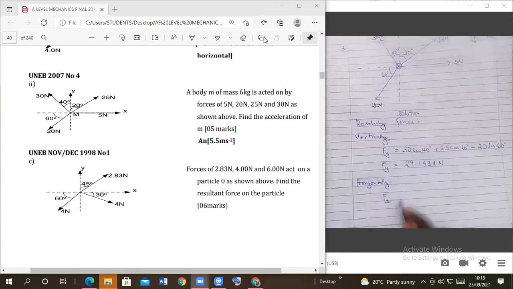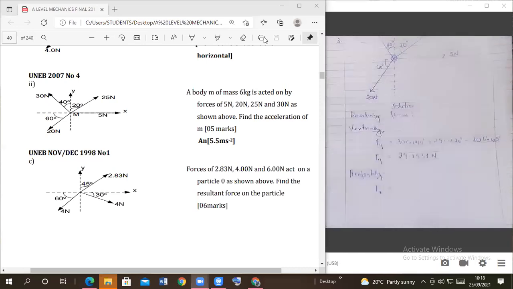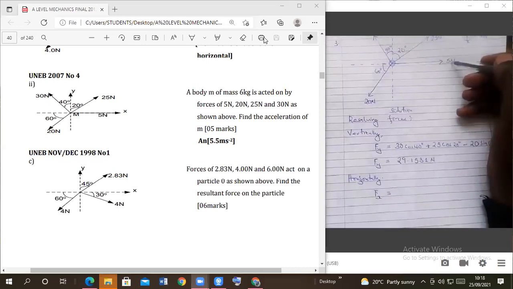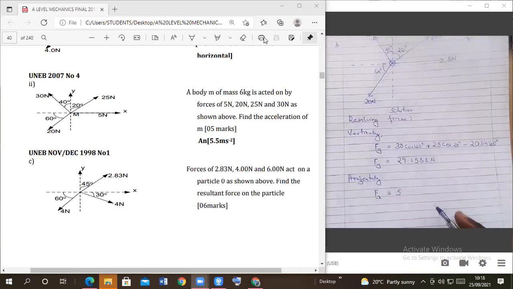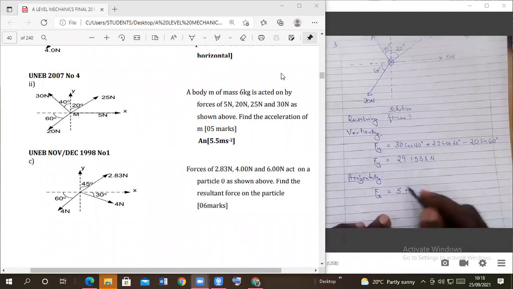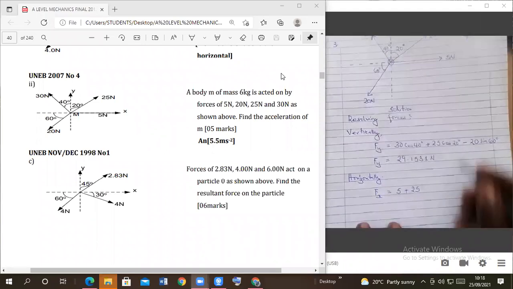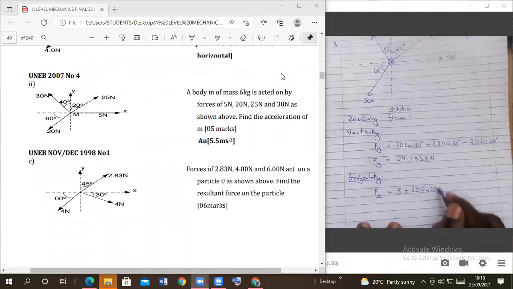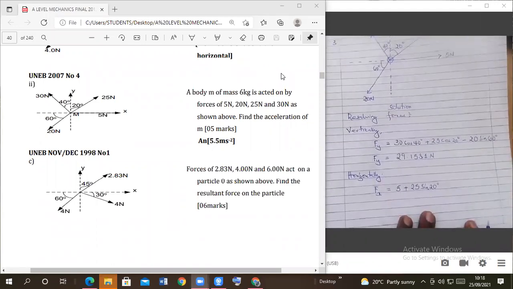Then you go to horizontally, Fx. The first value of x we have is 5. So 5 plus 25. Remember, the angle is to the vertical, which means it's going to be sine of 20. 25 sine of 20.